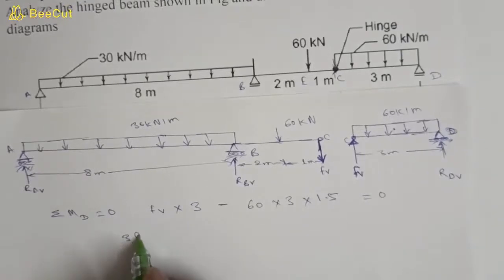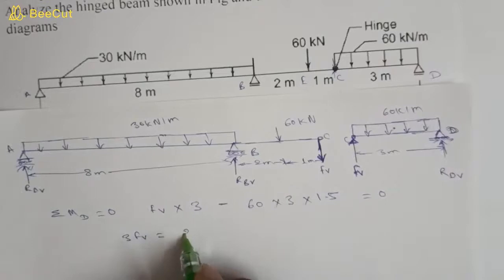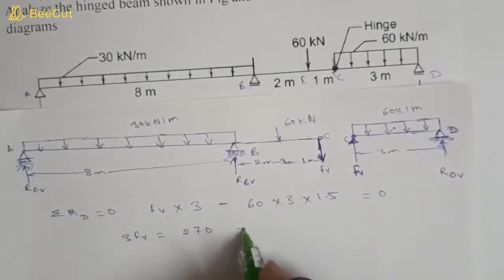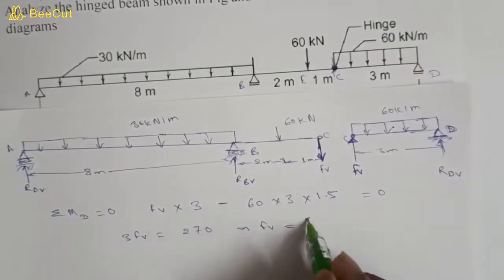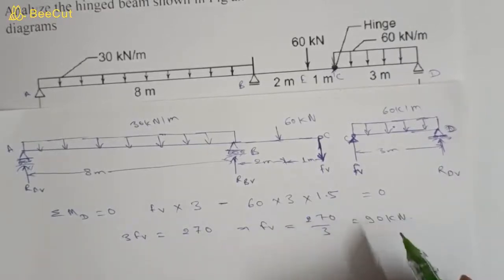So 3Fv is equal to 180 into 1.5, which is 270. So Fv is equal to 270 by 3, which is 90 kN.